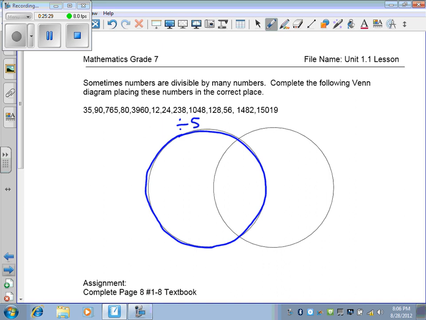Now, this one over here, red, is divisible by 2. So anything inside here has to be divisible by 2. Now you're going to notice an area in the middle. This area right here is for those numbers that are divisible by both.